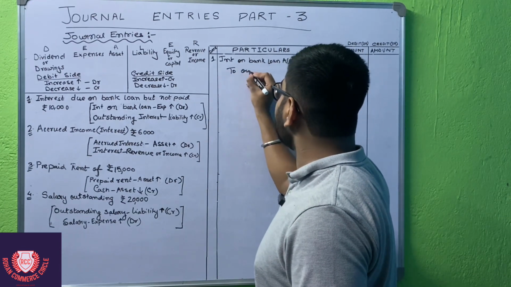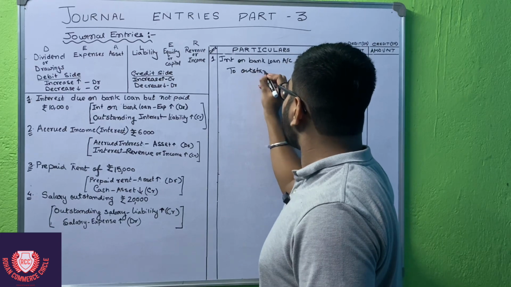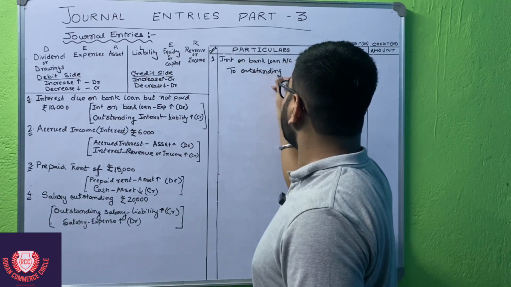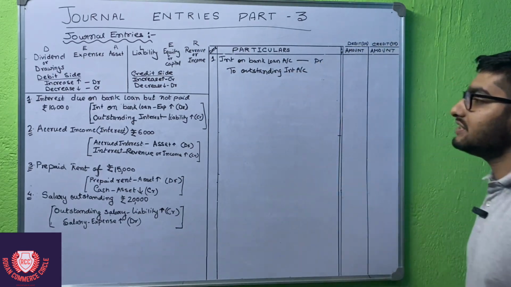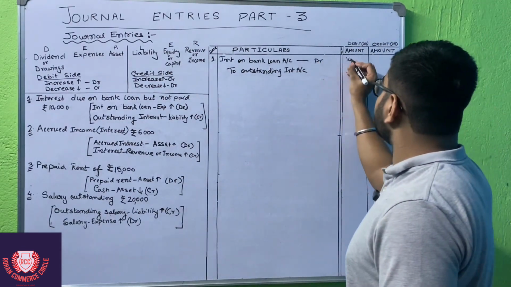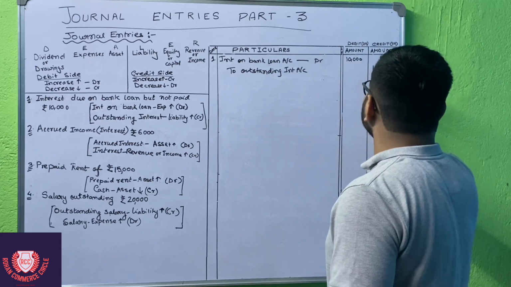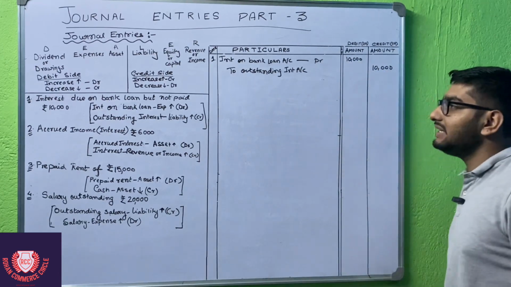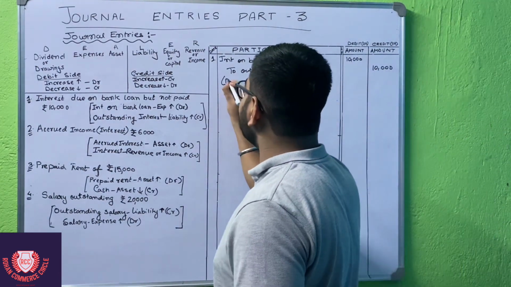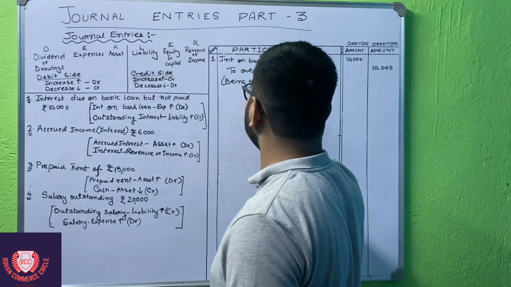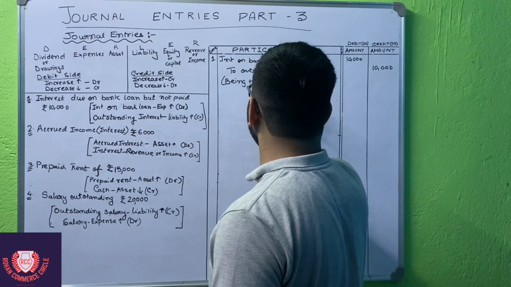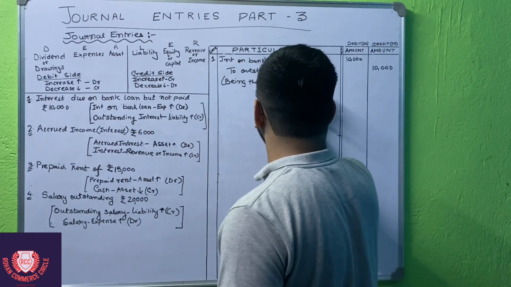How much was it? It was rupees 10,000. So what will be the narration in this case? The narration will be: being the interest on bank loan due.